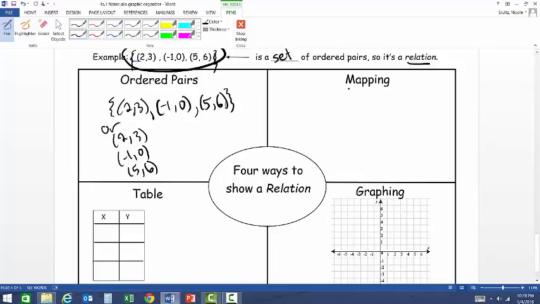A second way is what we call mapping. And what you do first is you draw 2 ovals, and we put the letters X and Y up top, or I might use D for domain and R for range.